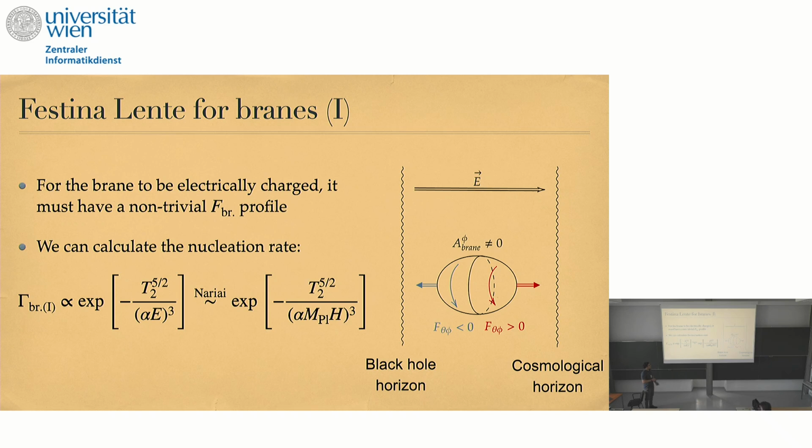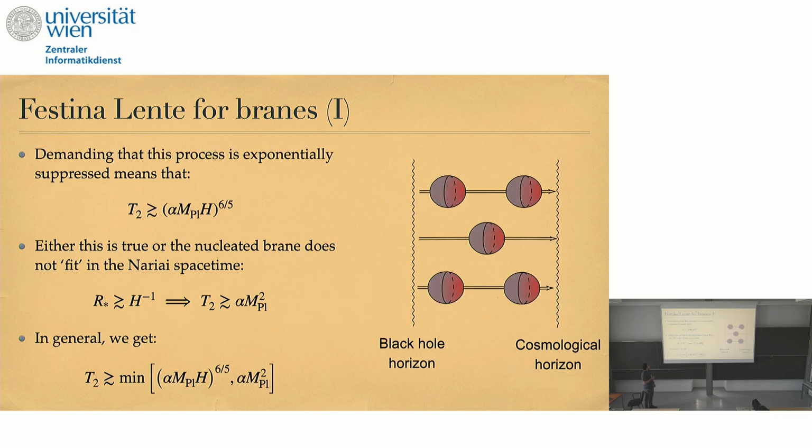And so just like in Festina Lente, if we want to require that this process is not too fast, in the sense that it's exponentially suppressed, then we get a lower bound on the tension of this T2 brane. If you demand that this process doesn't happen too quickly, in the sense that you don't nucleate too many branes, then you get a lower bound on the tension of these branes, which looks something like this.